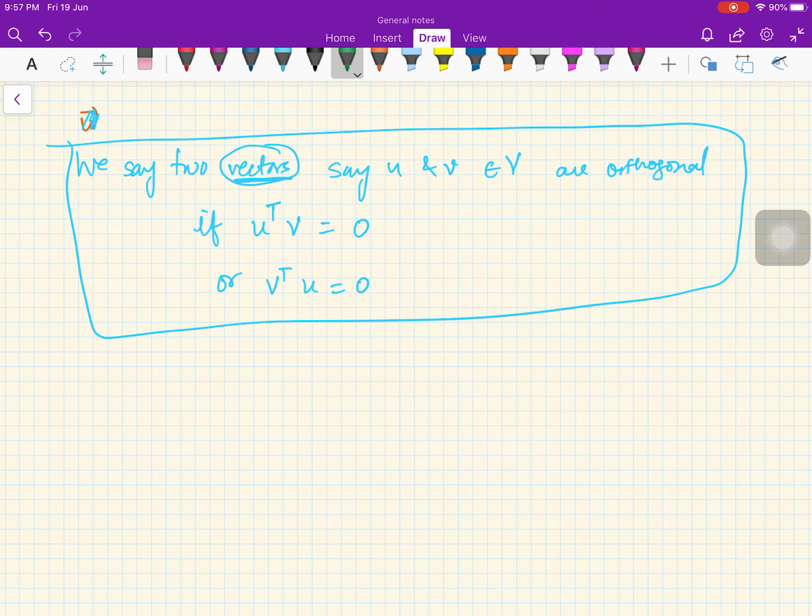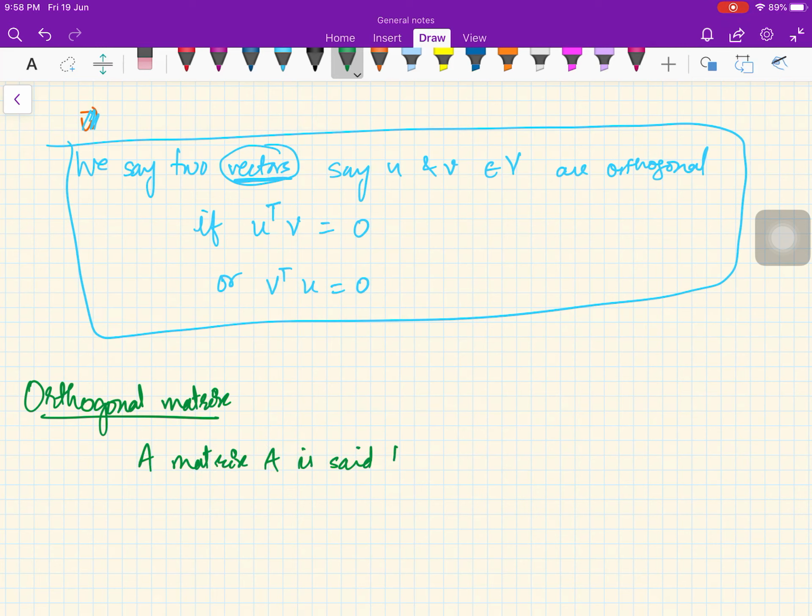And we have something called an orthogonal matrix also. A matrix A is said to be orthogonal if A transpose A is the identity, and because this is identity, A A transpose is also identity.